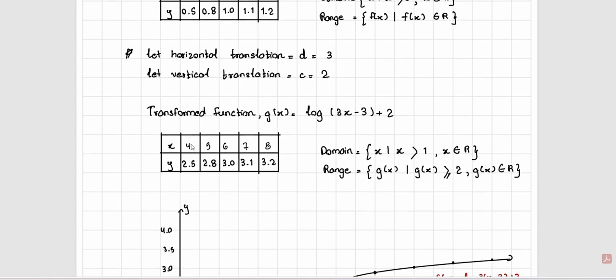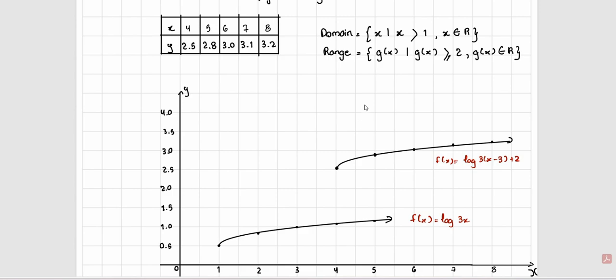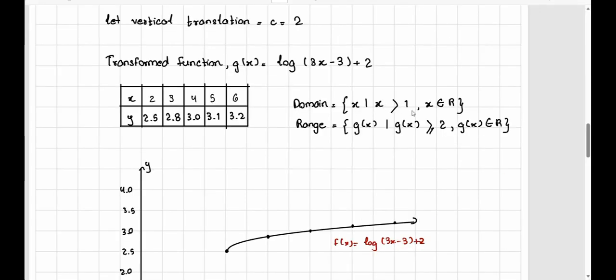So I've already drawn the table for the values of my transform function. So the domain is going to be greater than 1, because if you were to put 0, 3 times 0 is 0, 0 minus 3 is negative 3. Log negative 3 is undefined.